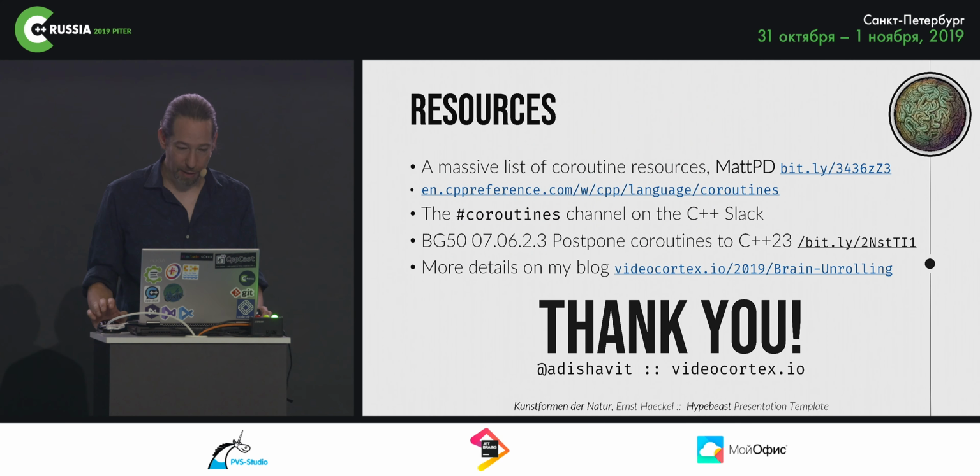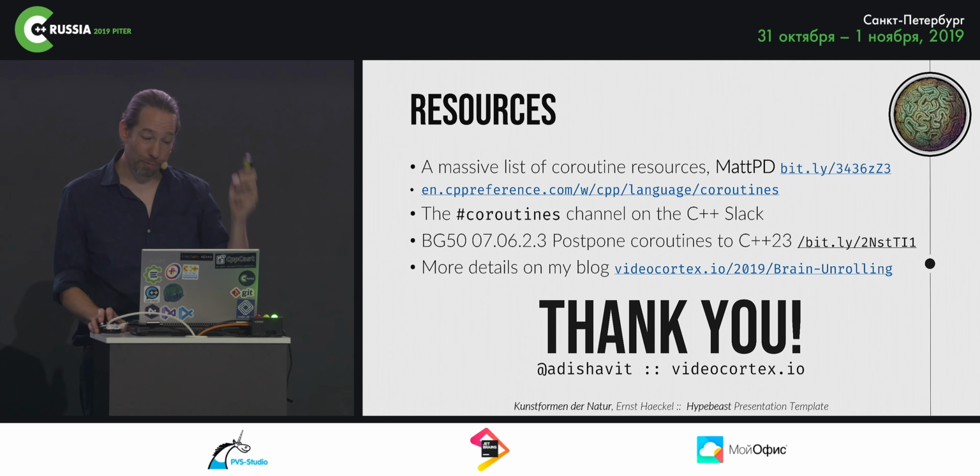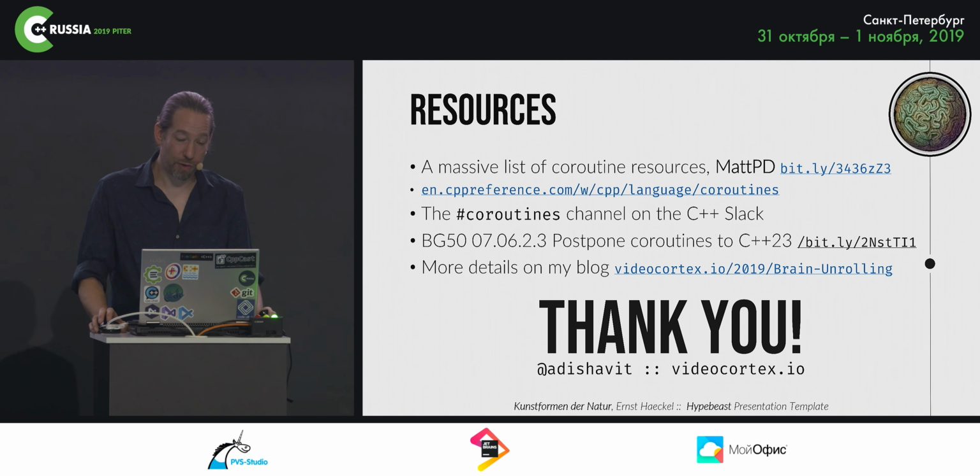I did collect some resources for you. There's a really massive list of coroutine-related resources, from the papers and discussions to the videos and everything related, on GitHub. You can see that link, and of course you'll have the slides online. cppreference has a very interesting, very detailed coroutine page.